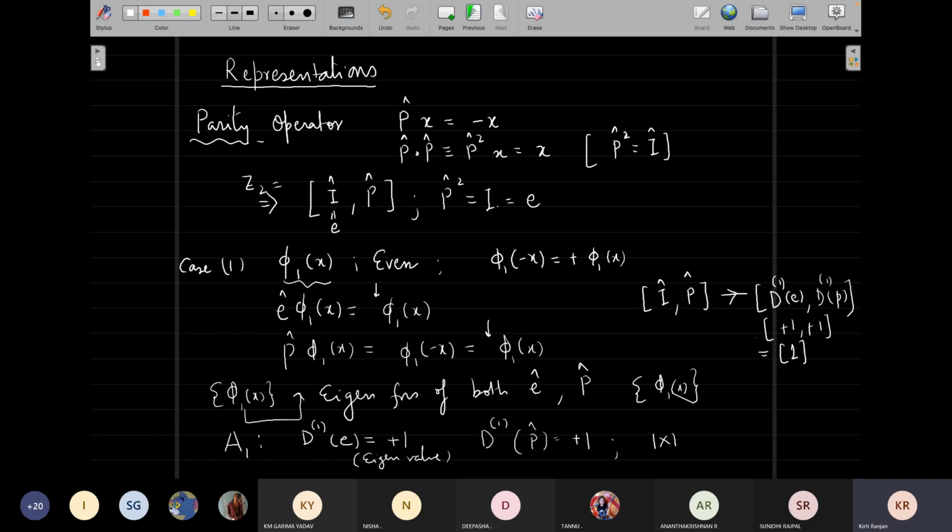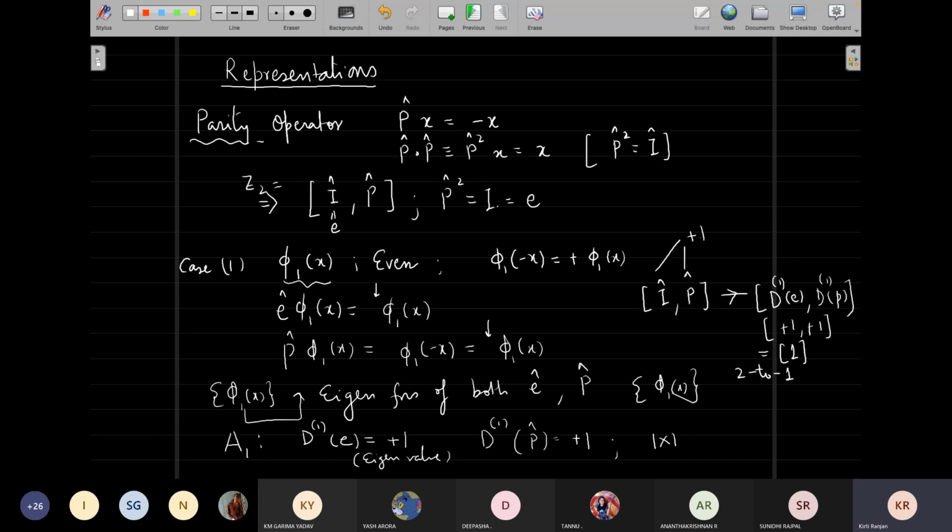Is it a group homomorphism or a group isomorphism? Homomorphism. When is it an isomorphism? When both the elements do not get mapped to a single element. So it is a kind of 2 to 1 mapping. Both E and P get mapped to plus 1. It is a group homomorphism.